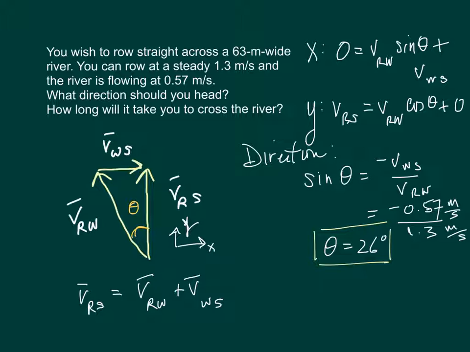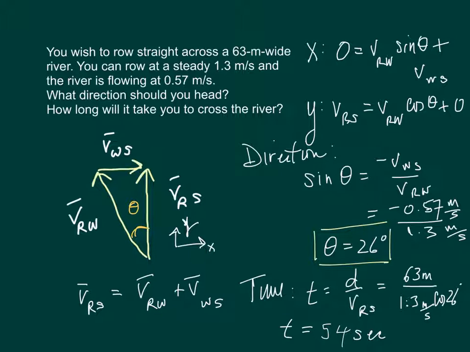The next thing we want to do is figure out how long it will take you to cross the river. The time it takes you to row across the river is just going to be equal to the distance you have to go divided by your velocity. We know the distance to be 63 meters, and the velocity of the rower with respect to the shore we can get from our y equation.